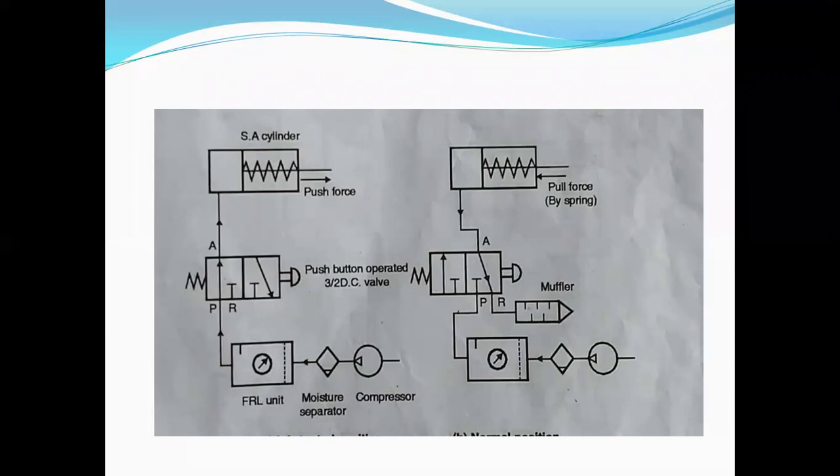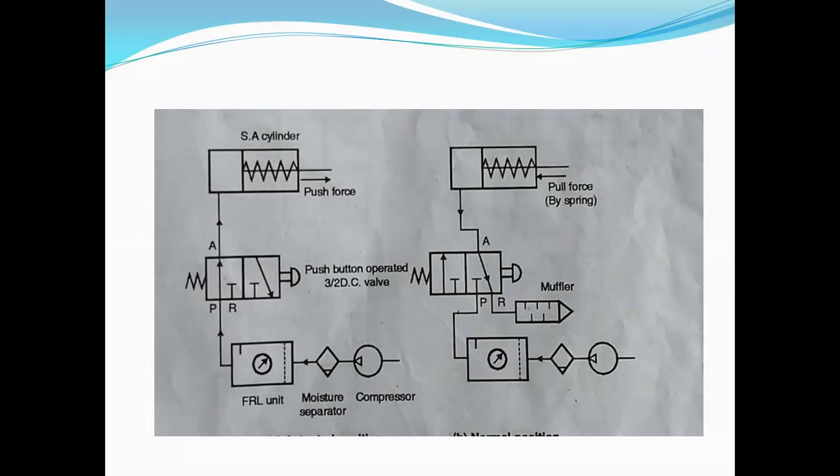Along with the air, some moisture which is already present in the air is also sucked by the compressor and compressed. So when we store this compressed air inside the tank, the moisture particles condense inside the tank.